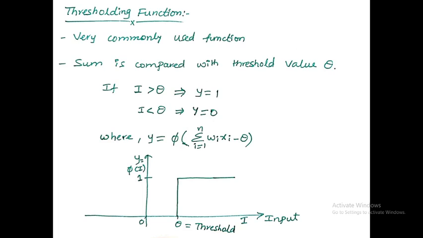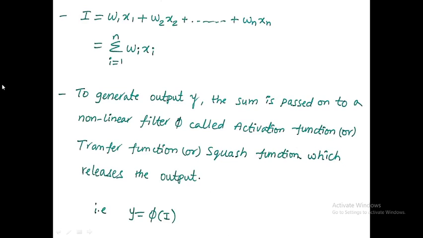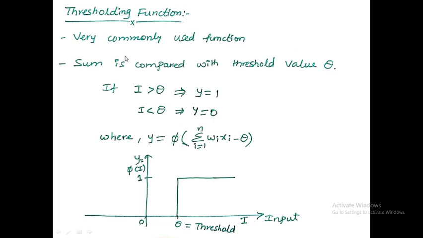If you consider the threshold value as theta, your weighted sum I is nothing but summation i equal to 1 to n of wi xi. So this is the weighted sum, capital I.